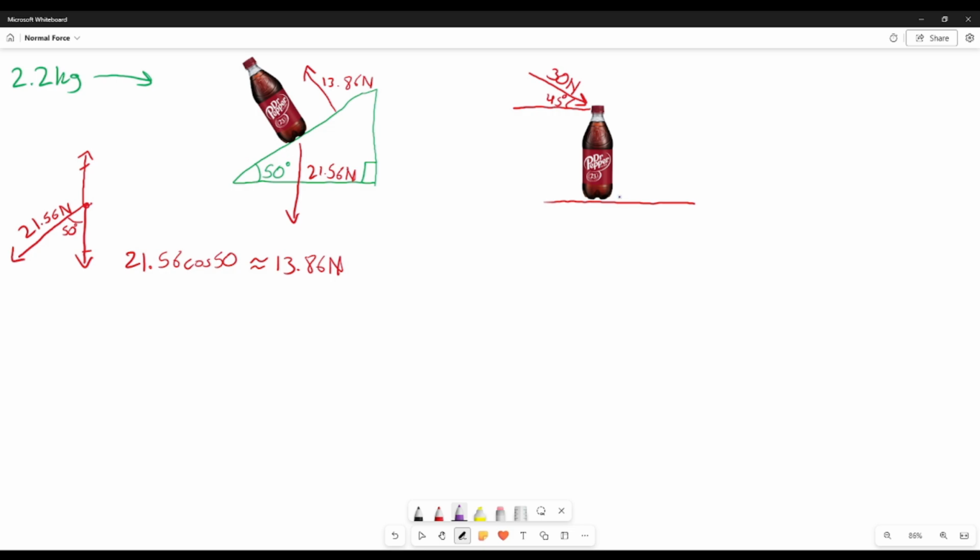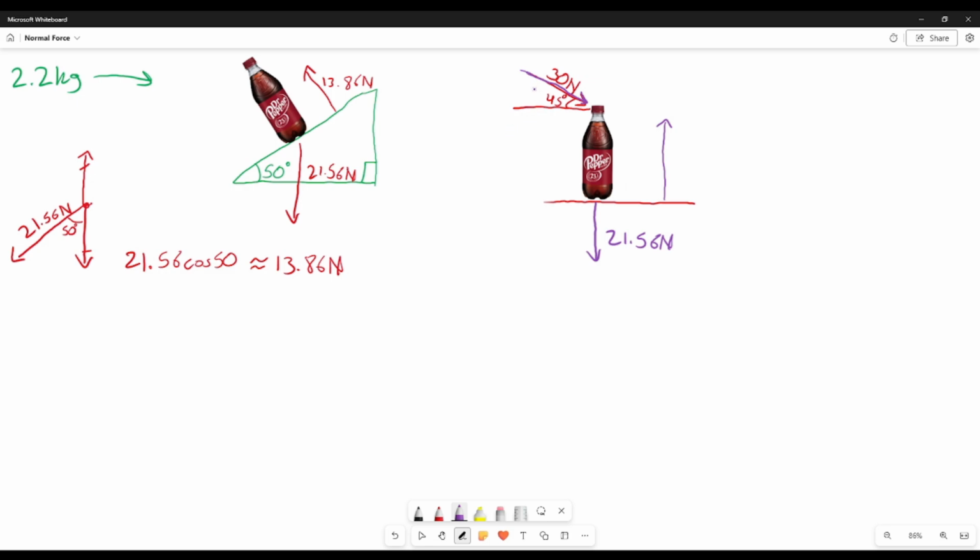So I already know that the weight of the bottle is 21.56 newtons, and I know that I'm pushing down and to the right with a force of 30 newtons. Now to figure out the normal force, that is the total amount of force being exerted upward on the bottle by the table, has to be equal to the total amount of downward force.